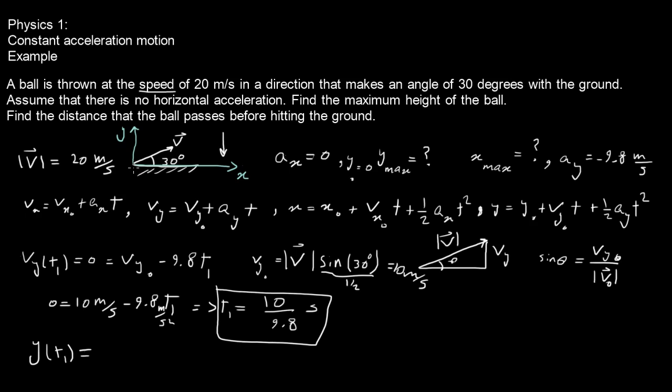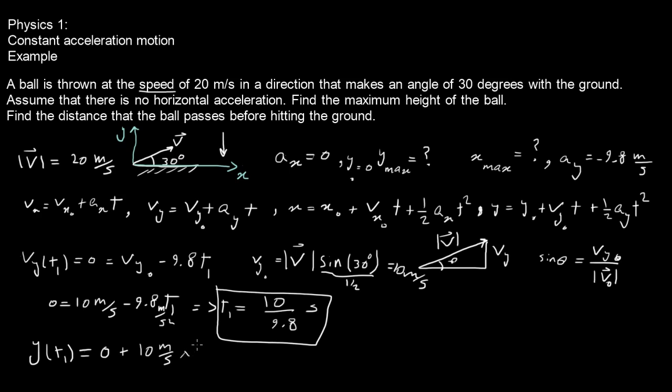So the particle started from the ground. That means y naught is 0. So it's 0 here plus vy naught, which we just found here, 10 meters per second, times t, which is t1 now.